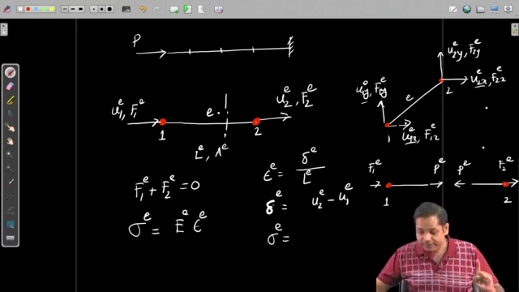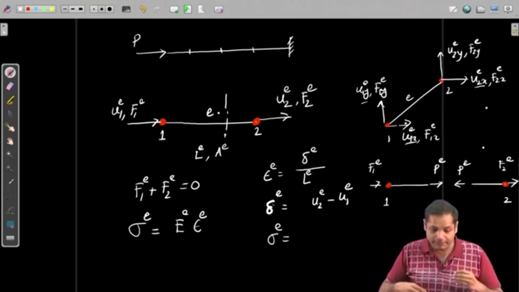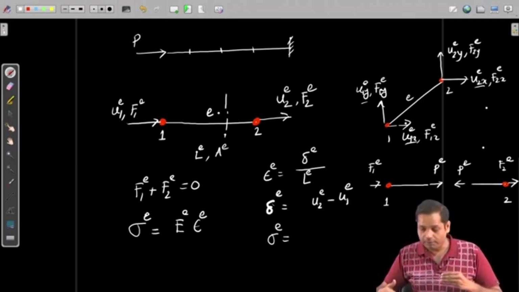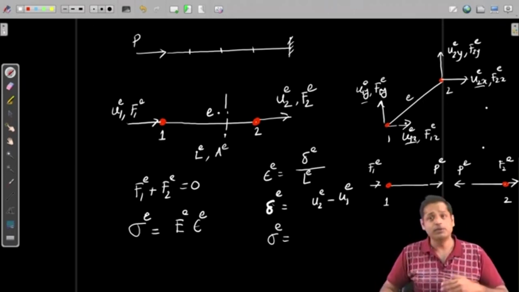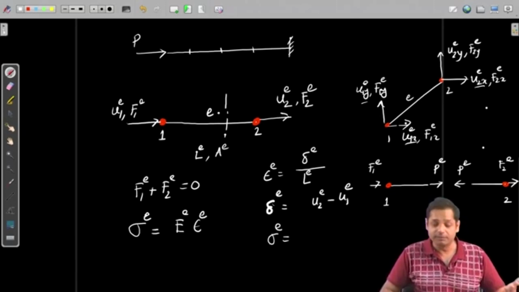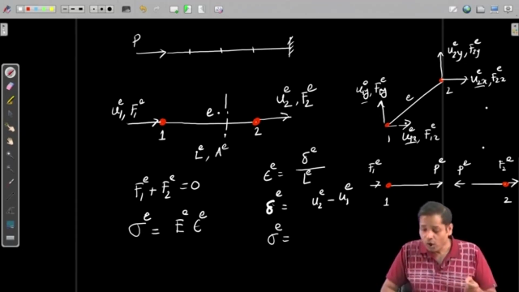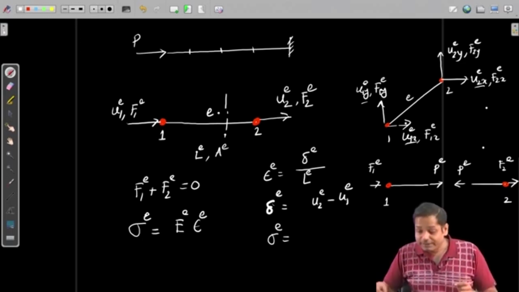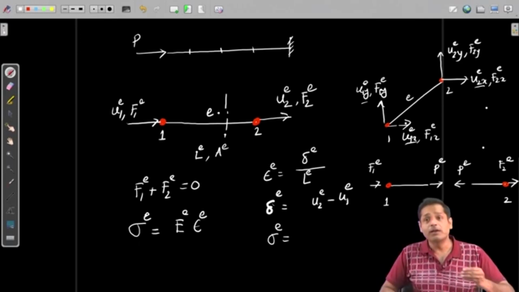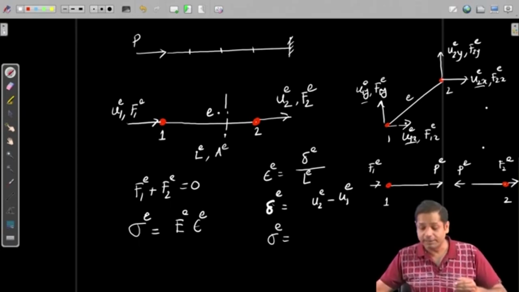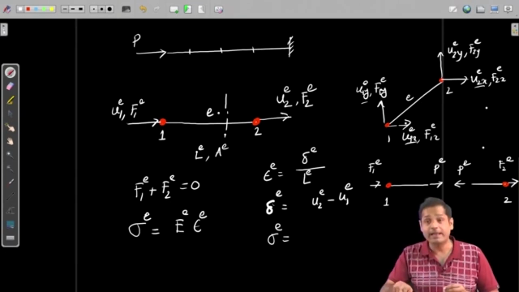Now, let us once again revisit the sign convention. You have already used a similar sign convention in your structural analysis course. This internal force, whether tension or compression, depends on the way the force is shown here; this is tension.